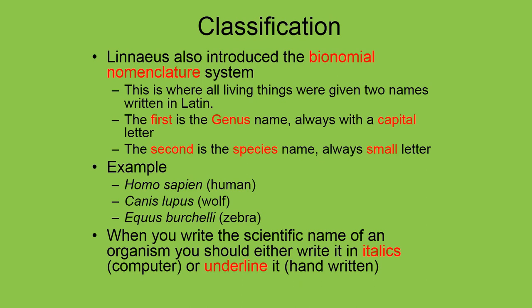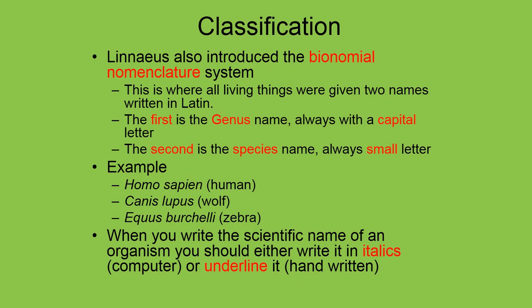Understand? Similarly, the next one is for wolf, Canis lupus. So you think Canis is genus or species? Genus, right? And lupus is the species. Similarly, we go for zebra, which is Equus burschelii, where Equus is the genus and burschelii is the species.